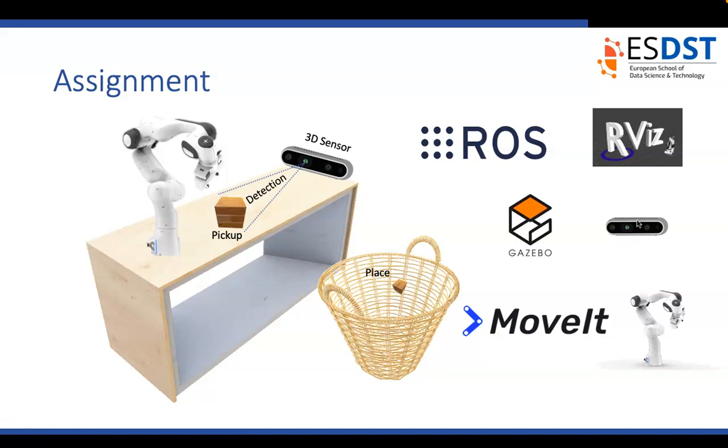Don't worry, we will give you the point cloud for your own version so that you do not have to have a 3D sensor at your place. These all will be done in a simulation environment, which we can visualize in RViz. It's a 3D environment that you visualize. And as I told you, MoveIt is a motion planning library that we will use to plan all the things. The robot is the Franka Panda Emika we will use.